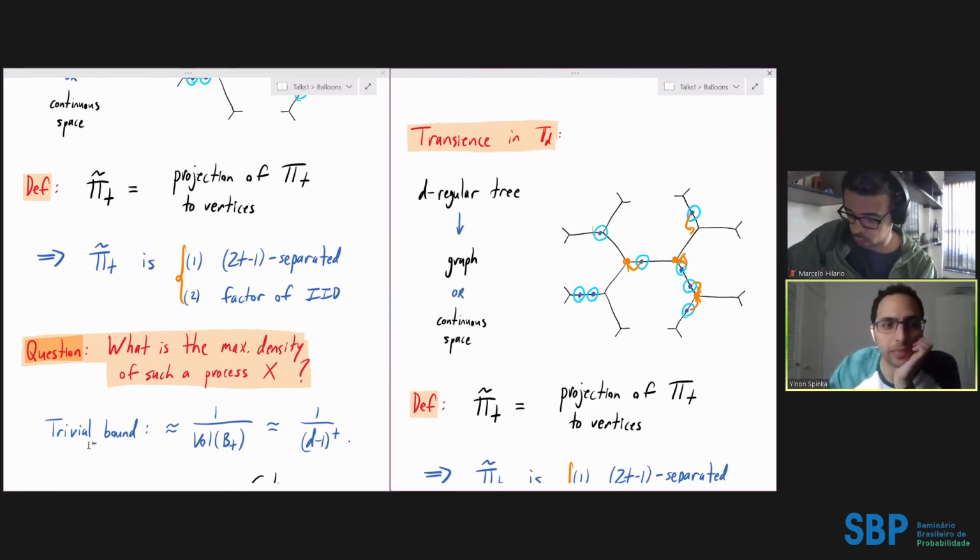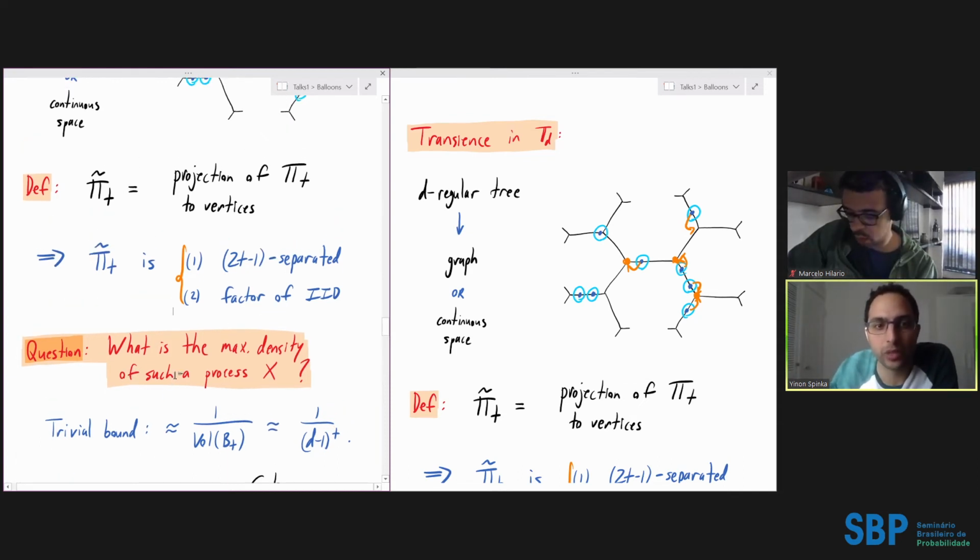So here's a trivial bound, which we already saw before when we talked about the earlier results. A trivial bound is 1 over the volume of a ball of radius t, just because the balls of radius t are disjoint, or in this case, t minus a half or something like that. So this is something of order 1 over d to the minus 1 to the power t.